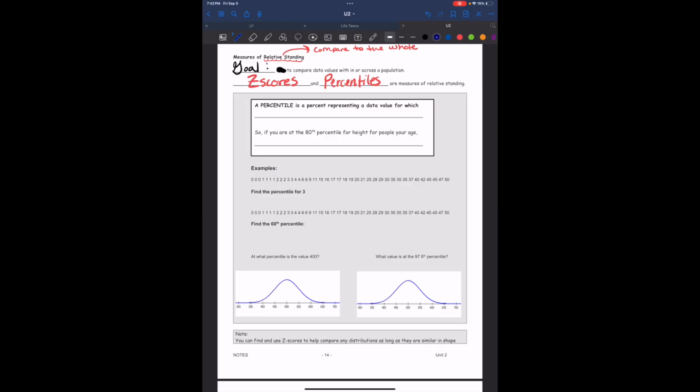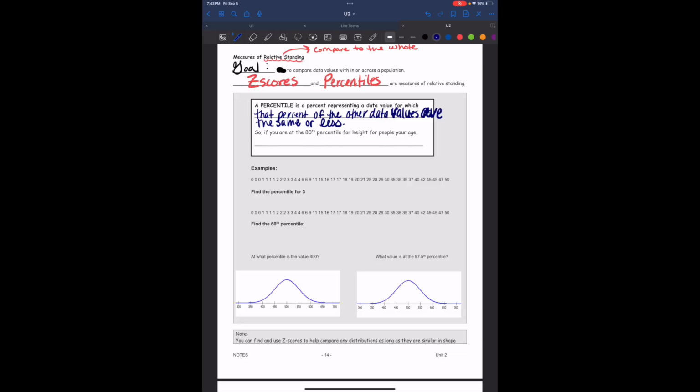The definition's a bit ugly, but a percentile is a percent representing the data value for which that percent of the other data values are the same or less.